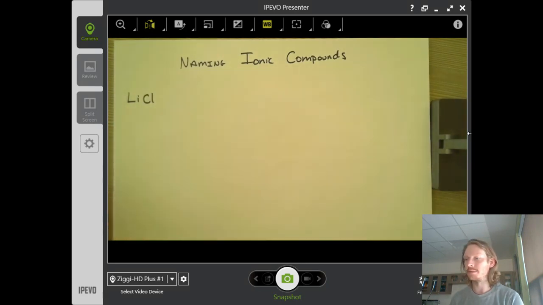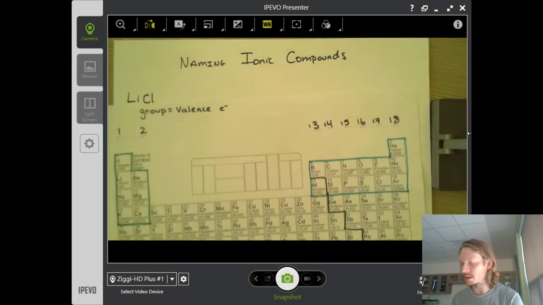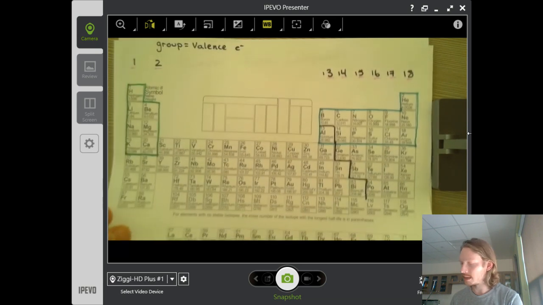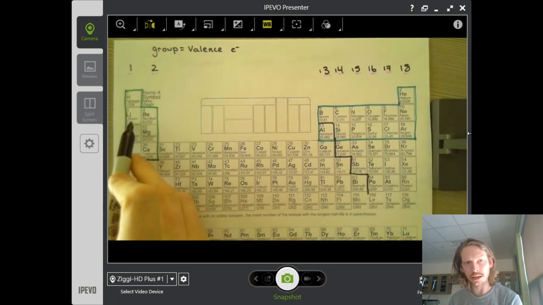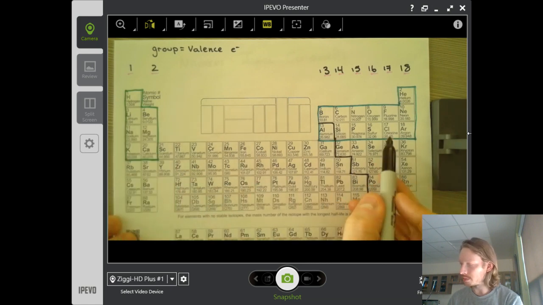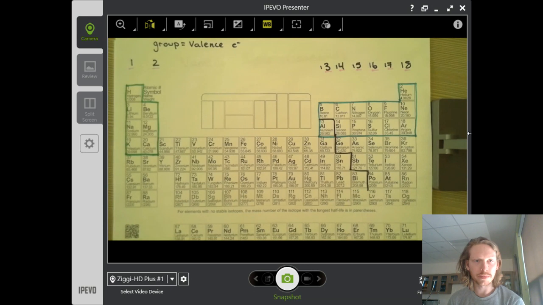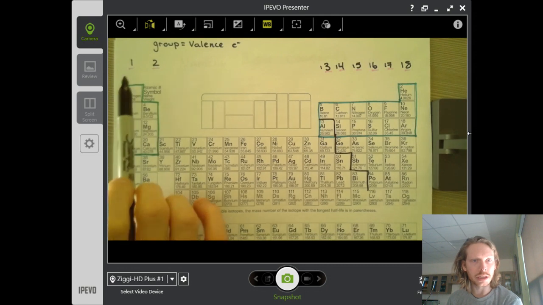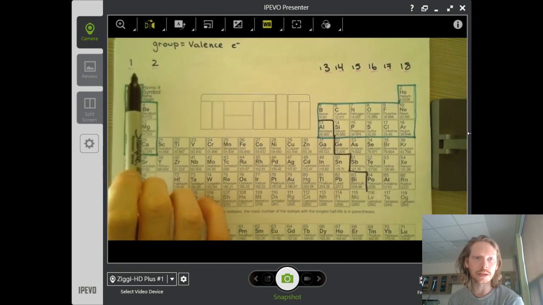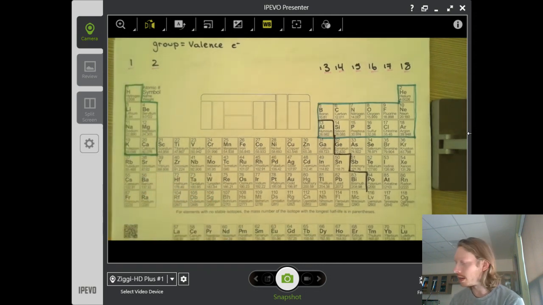Okay, so we'll go back to our periodic table and figure out what these are. Li is a metal, number 3, lithium. Cl, we should be familiar with, is chlorine, number 17. We've talked about how lithium has one valence electron to give up, right? It's in group 1, looking to give it up. And chlorine is so close to 18, also looking to gain one.